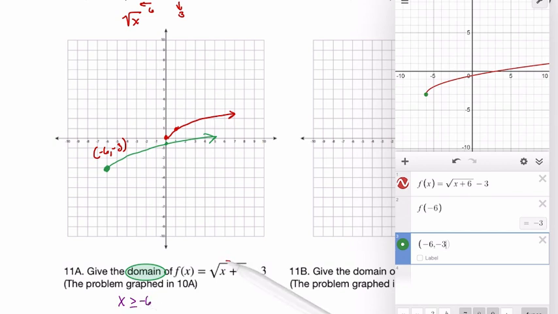The other way you could do this is just look at this radical. Remember, you can't square root negatives. So if you ever want your domain, you just say, hey, I have to make sure that radicand, the x plus 6, is always greater than or equal to 0. And then you just solve that. Subtract 6. Look at that. I get the exact same domain.